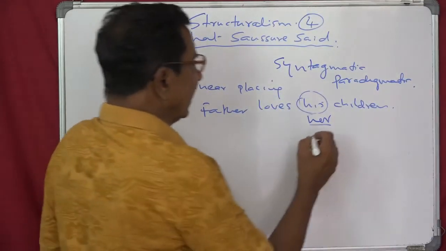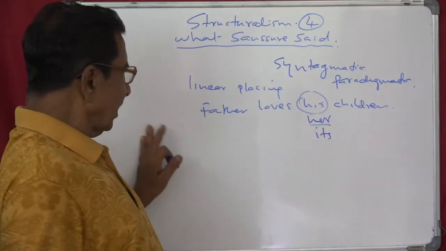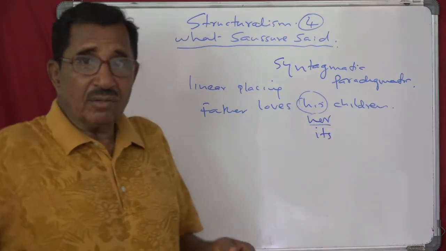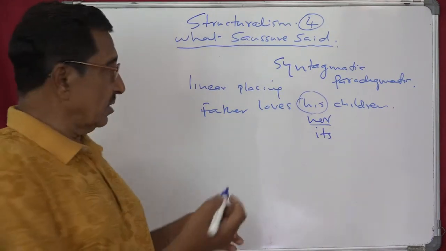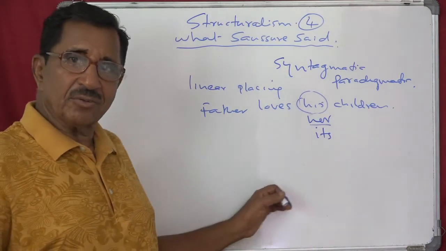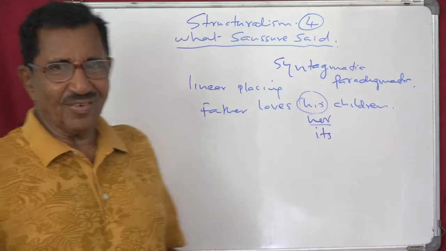Also, you cannot say its children. What we can do, this is fixed: father loves his children. Or at most, you can say, father loves his own children, or father loves father's children. We don't do that.